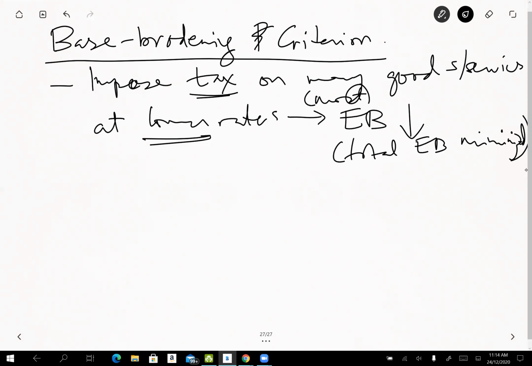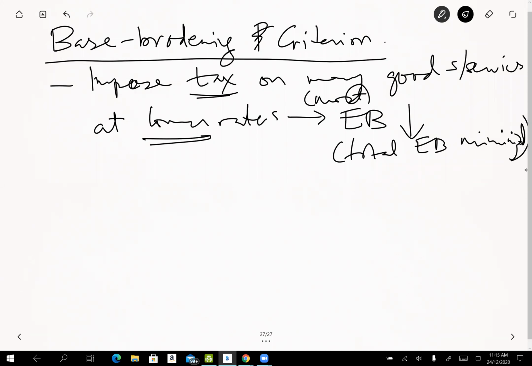Some goods you tax very high, some very low, some medium. Now, in this perspective, you tax as many goods as you can, but tax them low. By doing that, excess burden can be minimized.